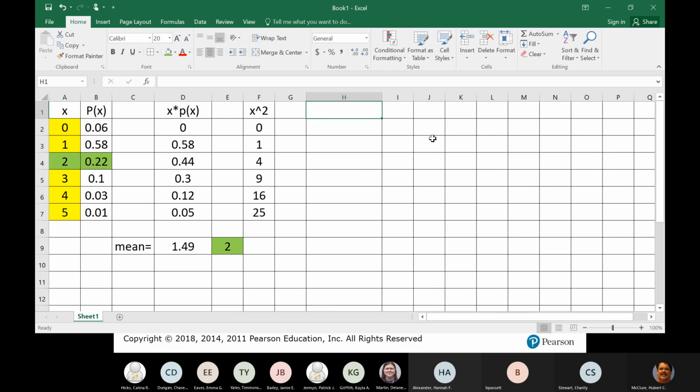We're going to do X squared times P of X. So equals X squared times P of X. I'm going to copy that down, and we're going to add it up.